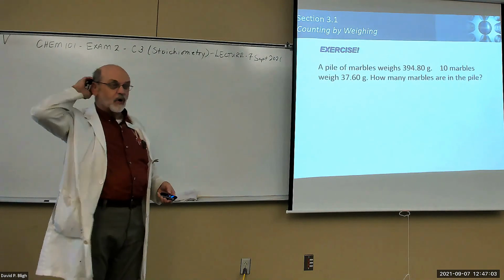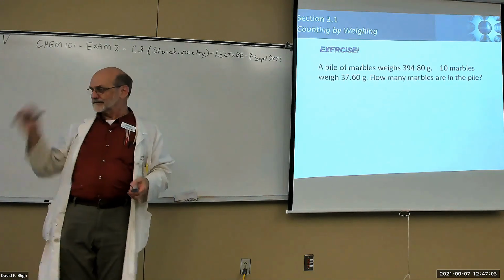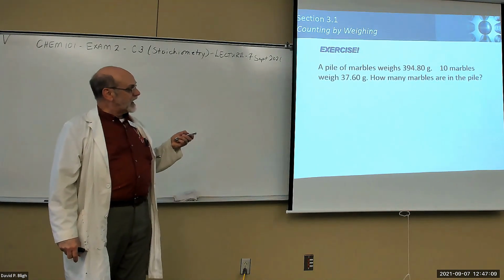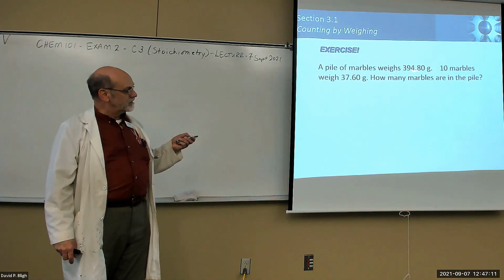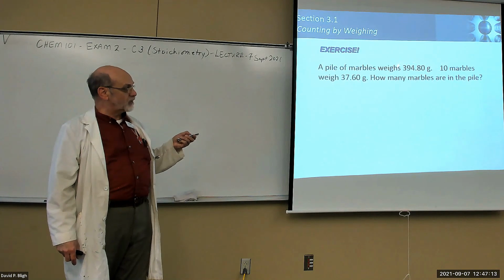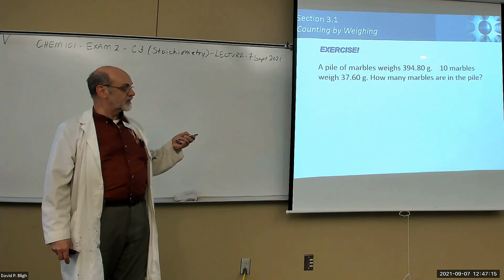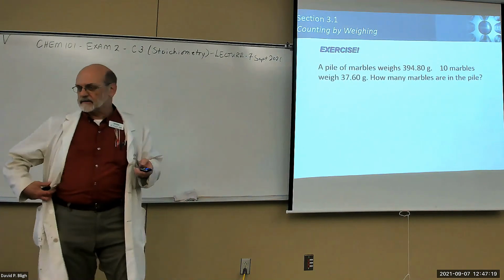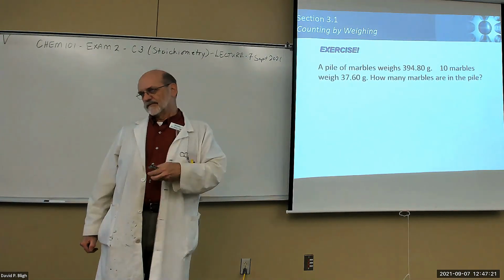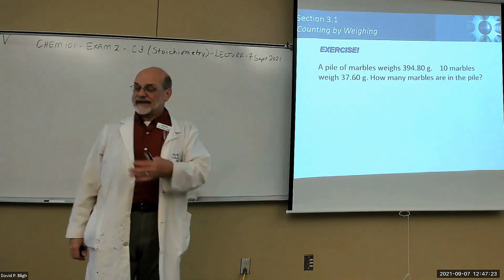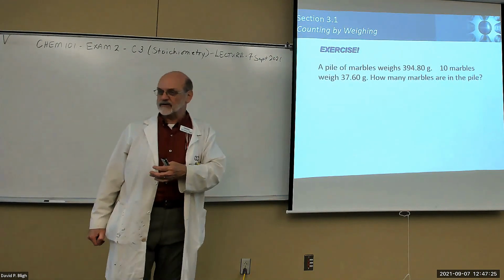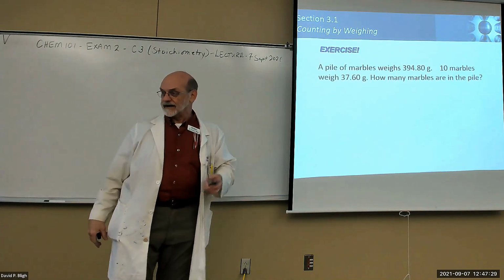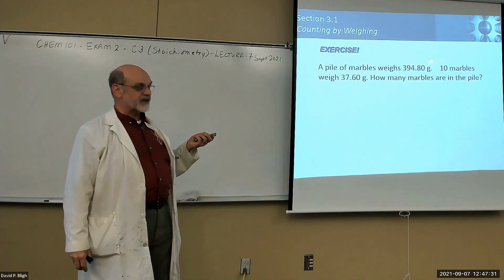Well, our example is marbles. So you have a jar of marbles and you weigh however many marbles you have, and say they come out to that mass. Well, you could go in and count them all, but we're trying to extend this analogy to atoms, and that wouldn't be fair, just counting them.